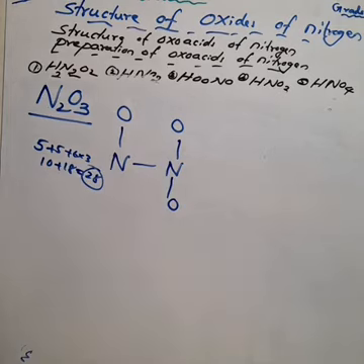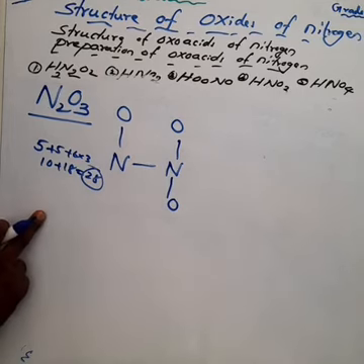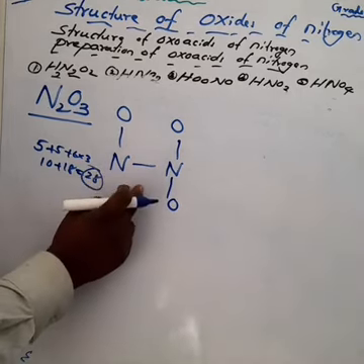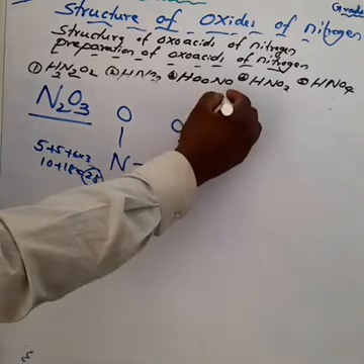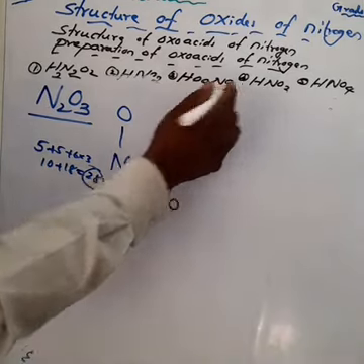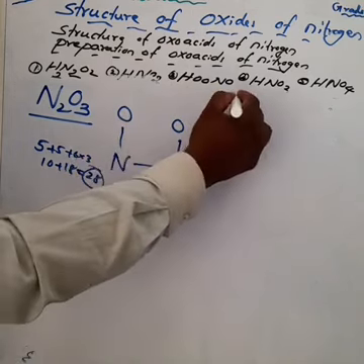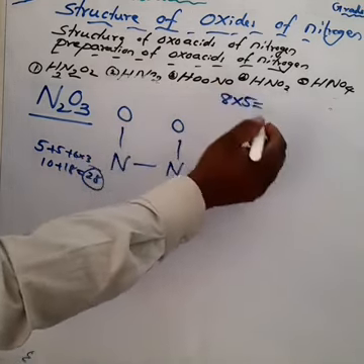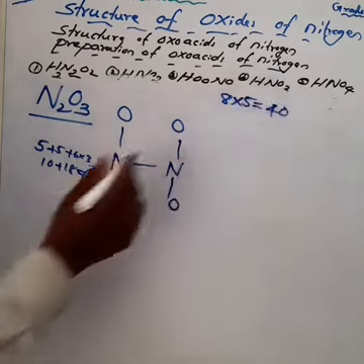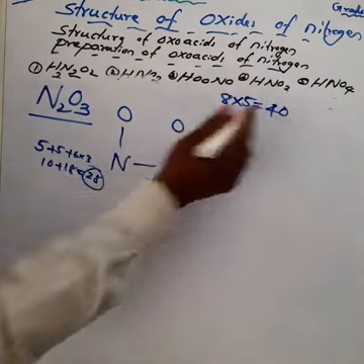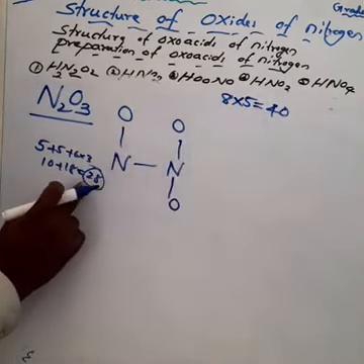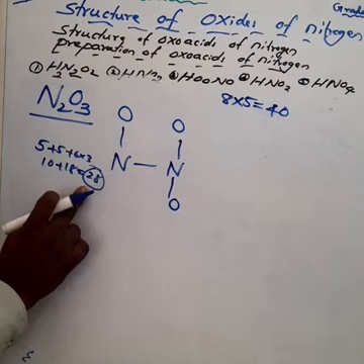28. But as per inert gas configuration, one element means 8 electrons. Here we have 1, 2, 3, 4, 5 elements. So 5 into 8 is equal to 40 electrons needed. Am I right? But how many electrons do we have? 28 electrons.